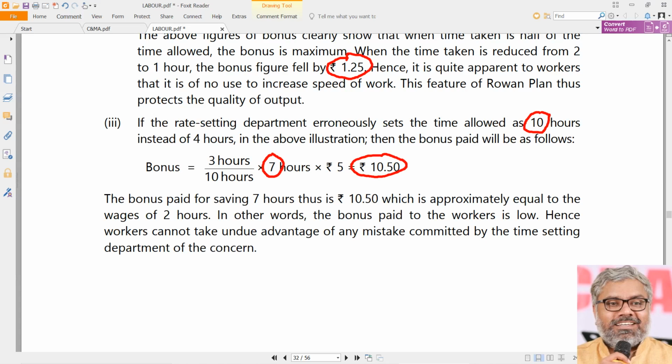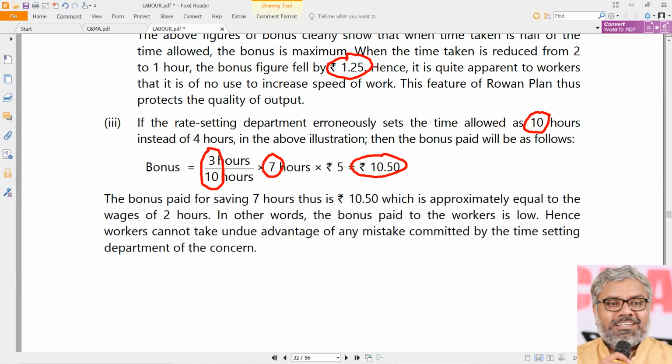In the Rowan plan, here 3 by 10 means only 30% is given as bonus to the worker. If the Halsey plan was used, then because this calculation is not there, directly 50% of time saved into the rate per hour will be used. So there the worker probably would have got more bonus. How much would he have got? He would have got 17.5 rather than 10.5.